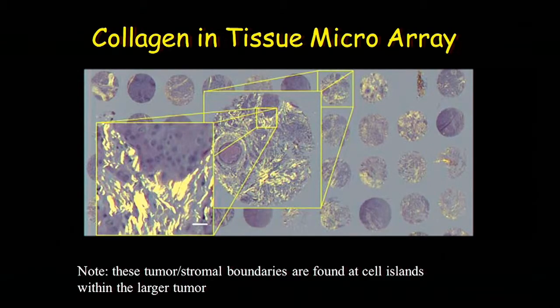So what we did is we took what's called a tissue microarray. These are slides where there are little biopsy punches of 300 patient samples, and this is just showing them blown up, each one. Purplish is what the pathologist sees, and in kind of yellow is what we're seeing with our second harmonic imaging overlaid on this. We were looking for islands of cells and the collagen at those islands.